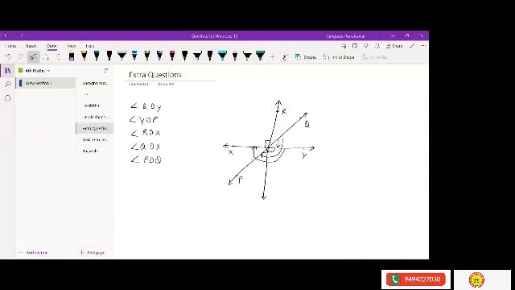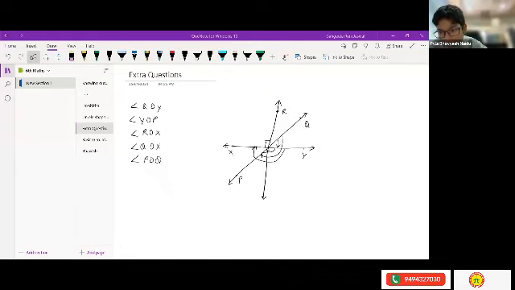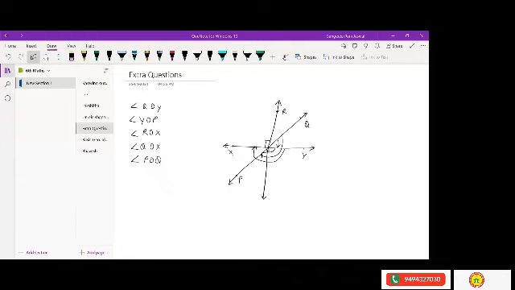Now, in this case, you have to identify which angles these are. Whether these angles are acute, obtuse, right angle, reflex angle, what kind of angle, you have to mention.